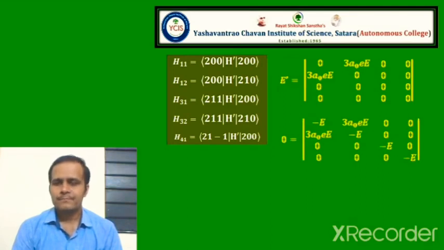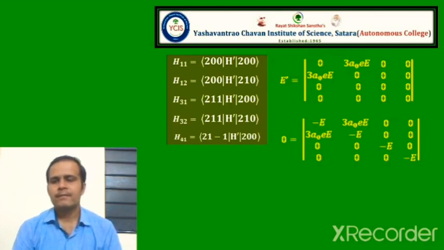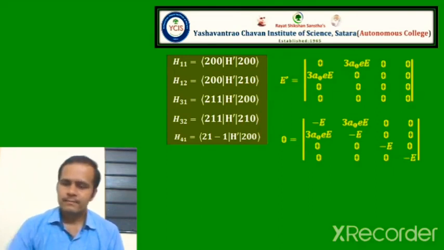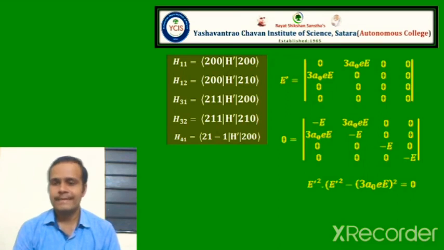So now we can make some changes by transferring the E dash to the right hand side at the diagonal elements, because when we shift this E dash, it becomes minus E dash, and now we can easily find what is the E dash square, or what are the values of E dash.